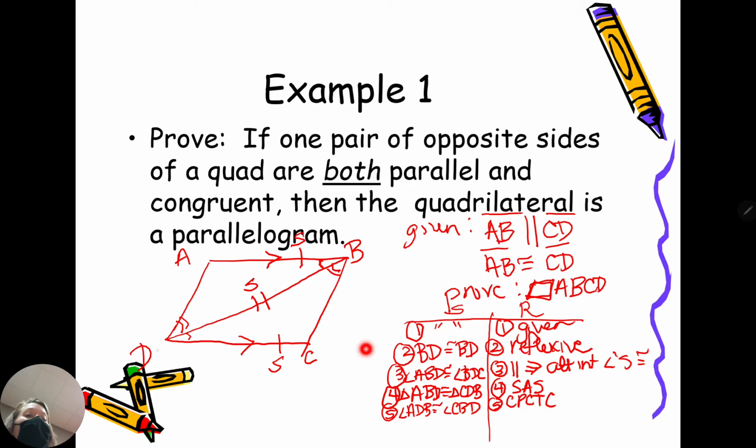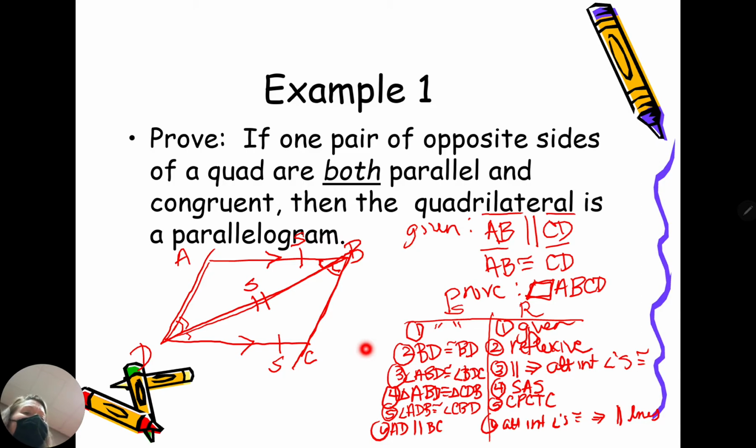And if ADB is congruent to CBD, trace these angles out, we have parallel lines because alternate interior angles are congruent. So we can say AD is parallel to BC by alternate interior angles congruent, then parallel lines.